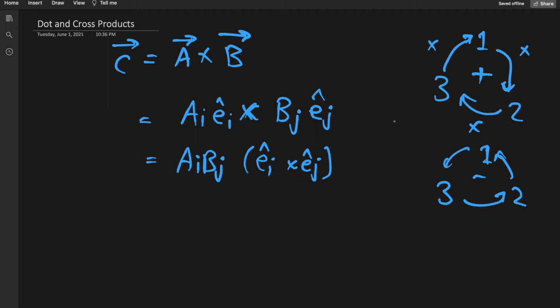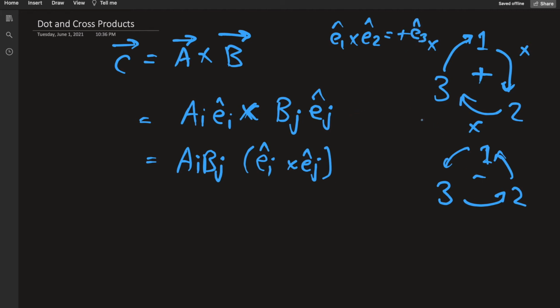So if you have i equal to 1 and j equal to 2, you'll have the first round here. So 1 crossed with 2 gives you 3, and since we're in the direction of the arrow, we have a positive e3.